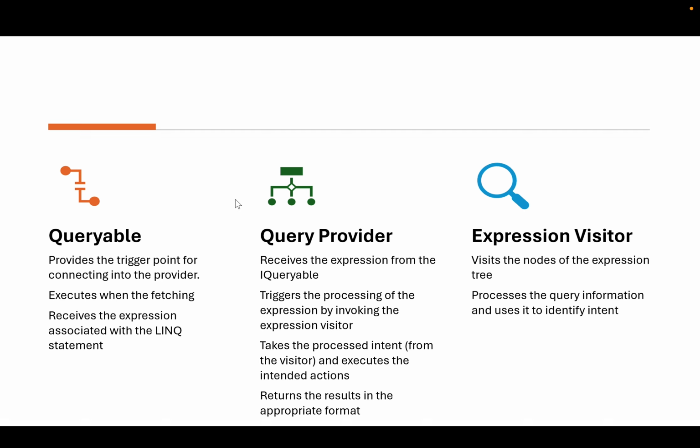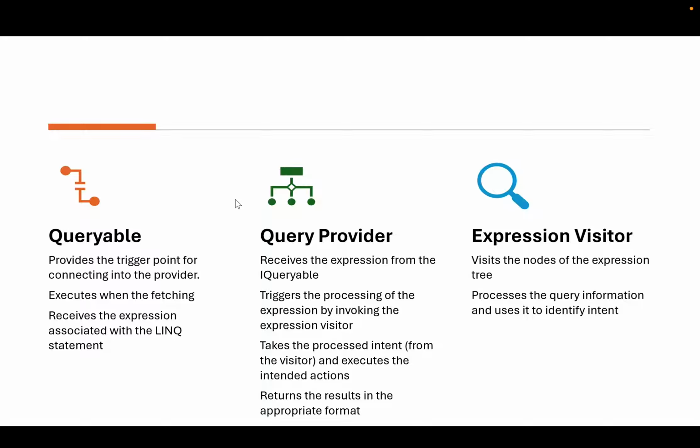Once you have the expression, you're going to use an expression visitor to visit that expression. An expression is broken out, and it looks like a tree. So you're walking that tree and just picking what you want. The expression visitor itself is what you typically use to gather what the intent is, so basically pull all the structures together into some format that makes sense to you.